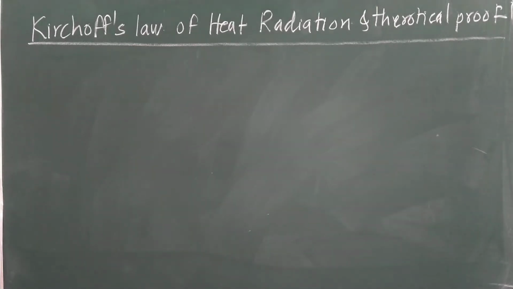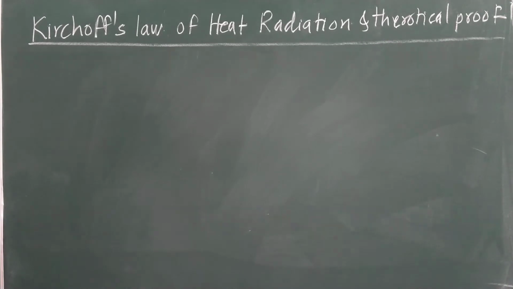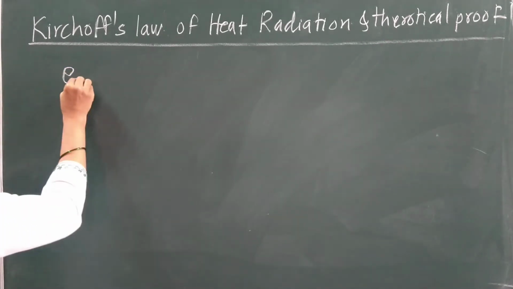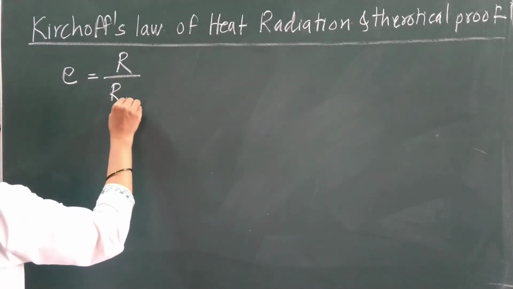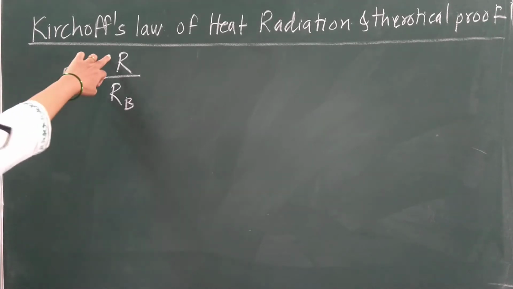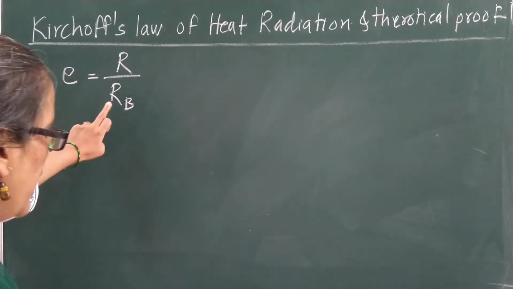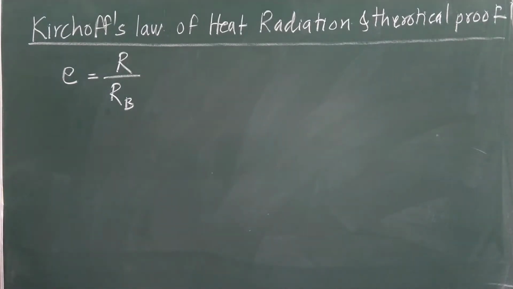So student, yesterday we have seen the emissivity, and what that emissivity is. Emissivity E is equal to R upon RB. What is R? This R is nothing but the emissive power of an ordinary body, and RB is nothing but the emissive power of a perfectly black body.